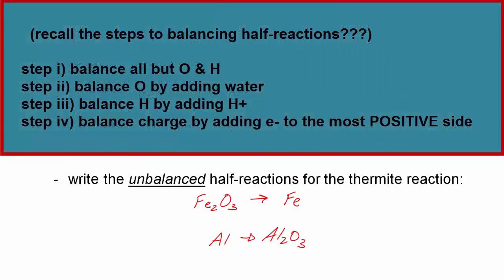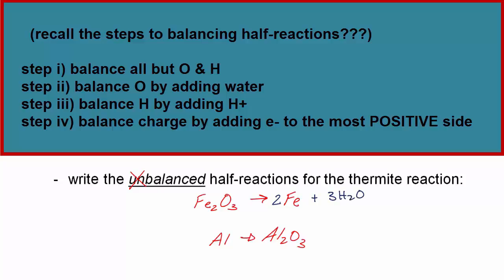But what if I wanted to balance them? Remember how to do that? First, balance everything but oxygen and hydrogen. So I would put a 2 in front of the iron. Now my irons are balanced. Balance the oxygens by adding water. 3 of them.